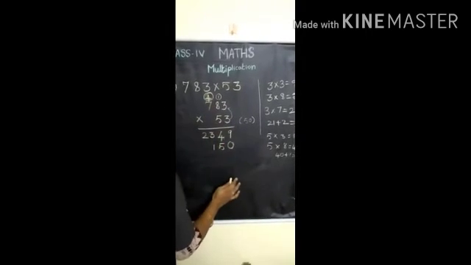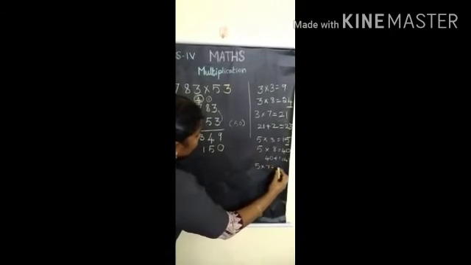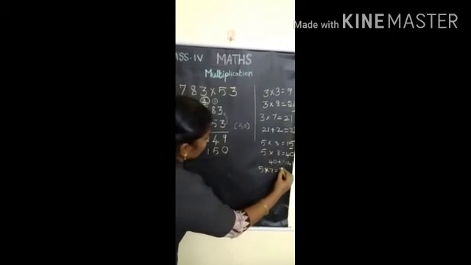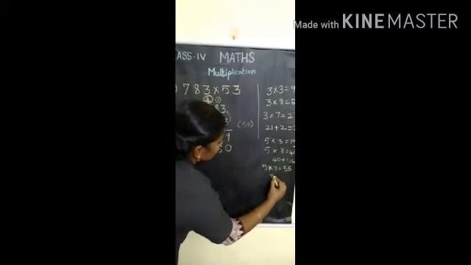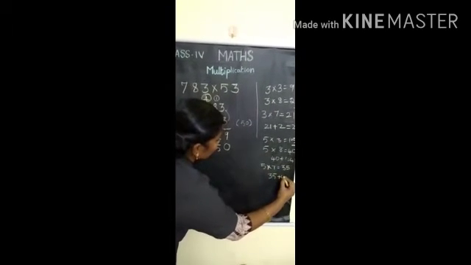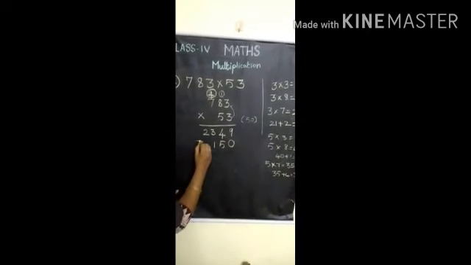Next, 5 7s are 35. Already have 4, so 35 plus 4 is 39.